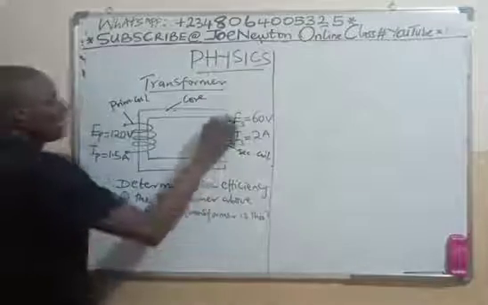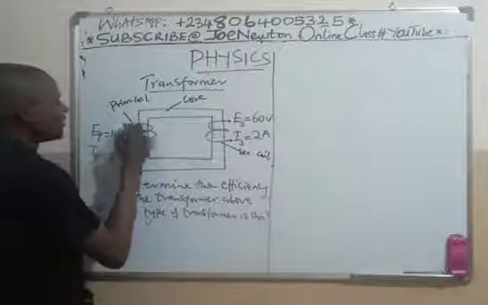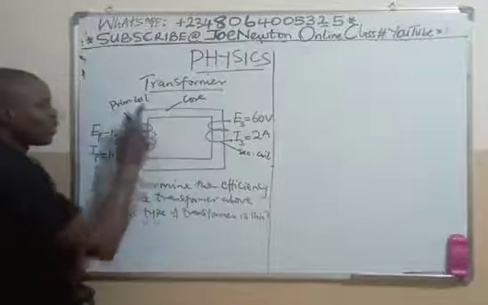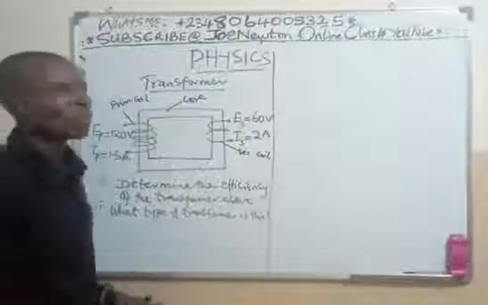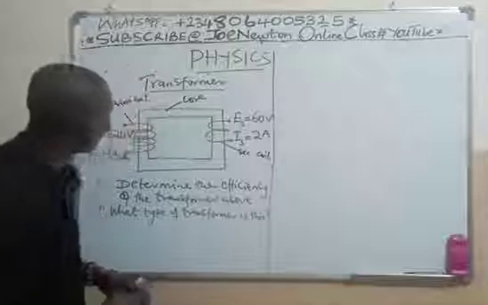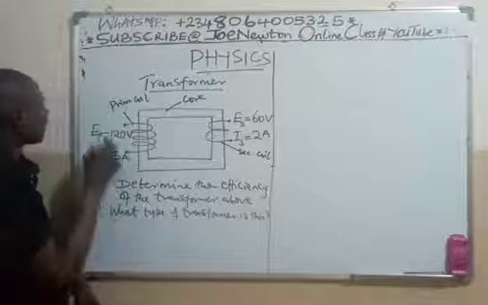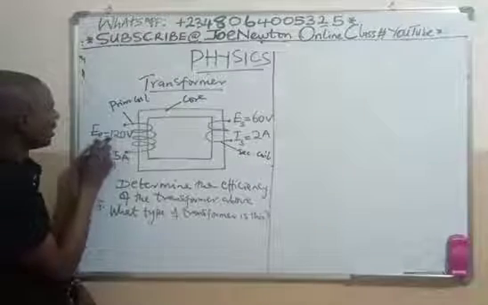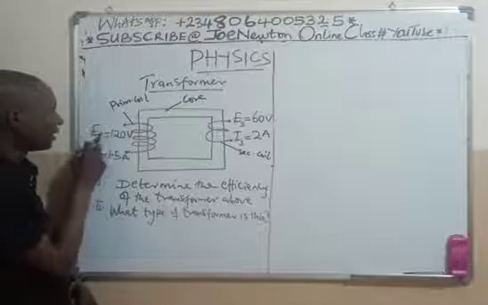So this is the secondary coil, and this is the primary coil in this given transformer. This is the schematic diagram. This is the core.